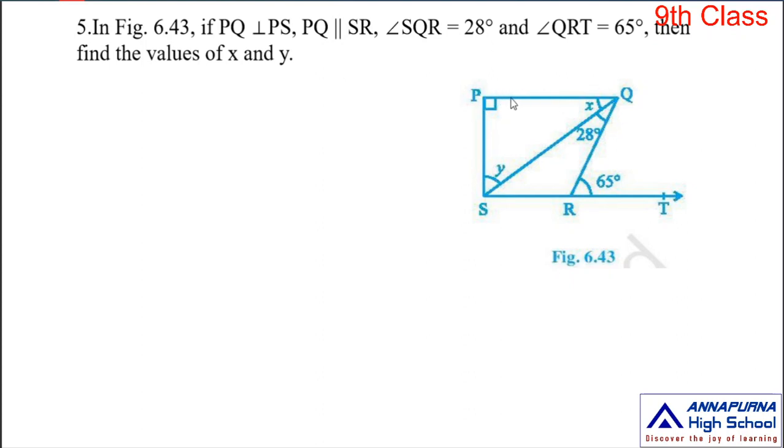PQ is perpendicular to PS. The line segment PQ is perpendicular to PS, which means angle P is equal to 90 degrees.